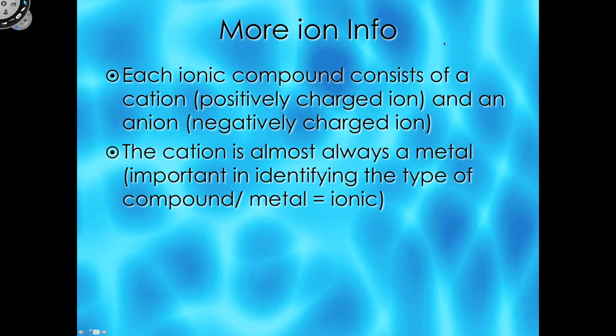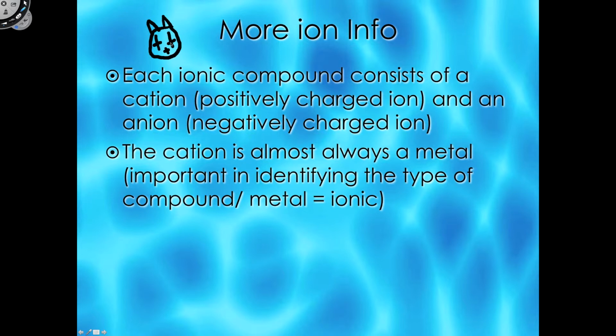There are names for the ions. If it's positively charged, it's called a cation. And if it's negatively charged, it's called an anion. Cation has a T in it, which looks like a plus sign. I've also seen teachers use this, which is supposed to be a cat ion.